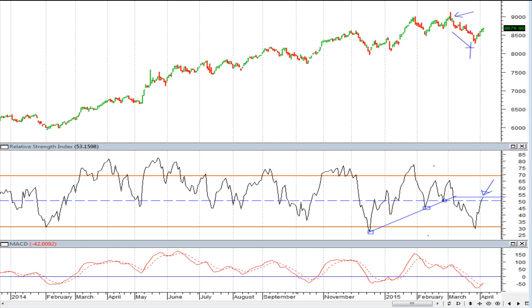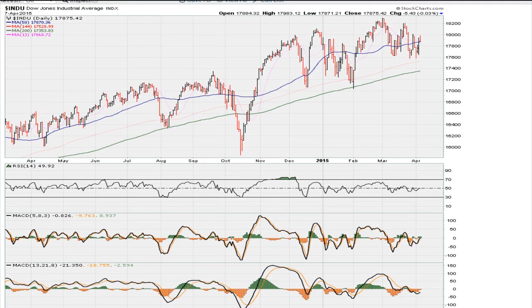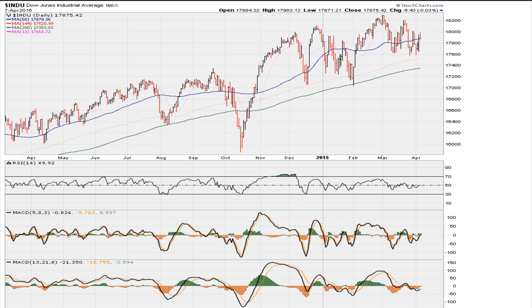One of the reasons why I say that is if you take a look at the Dow daily. Let's take a look at the Dow daily as of right now, the closing chart for Tuesday, April 6th. You can see that there was another break in the Dow, we'll call it somewhere here, and if we draw a simple line, this is where I think the Nifty is trading right now, somewhere here on the Dow.